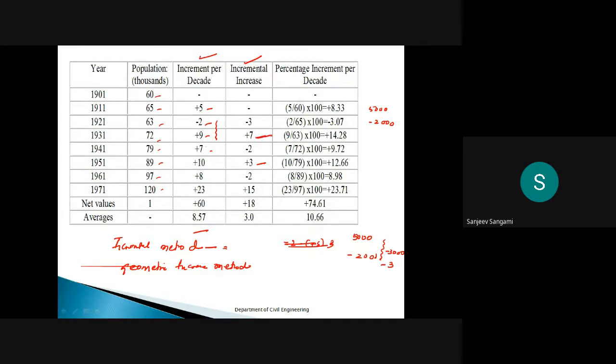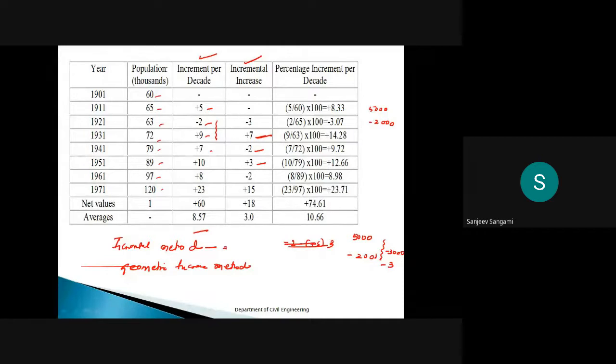Very important. Then from here to here, how much is it? 9. Again it is a decrease. See, from 9 it was an increment, and again it decreased by 7000. So how much is it decreased? It is decreased by minus 2, meaning 2000.